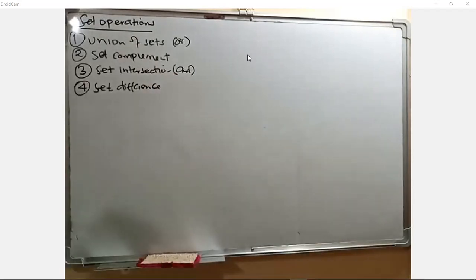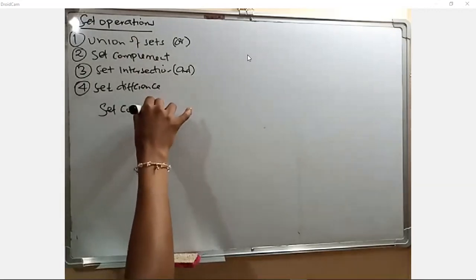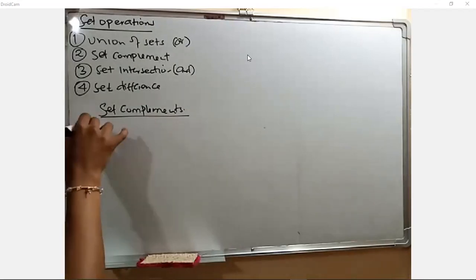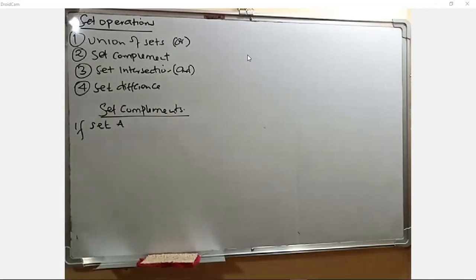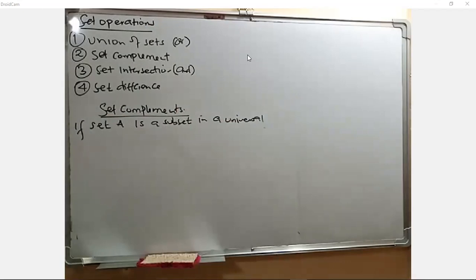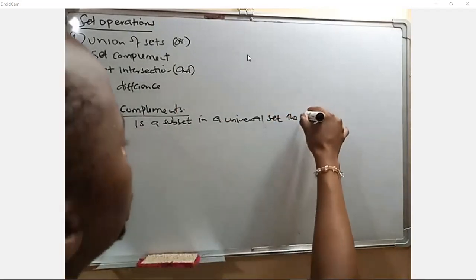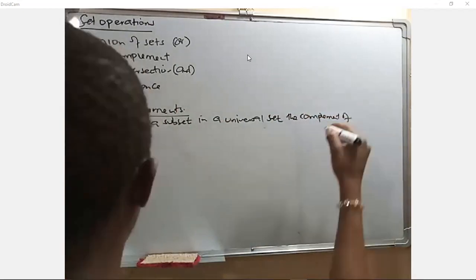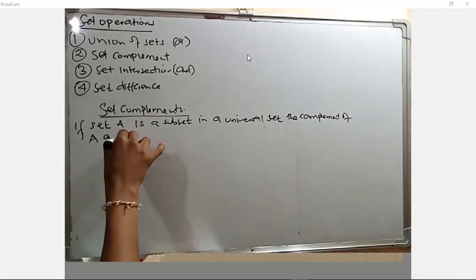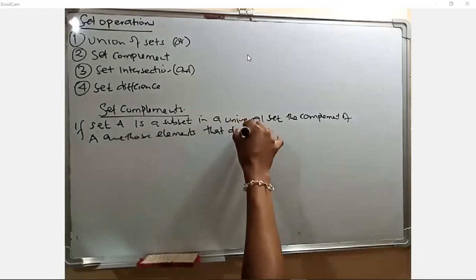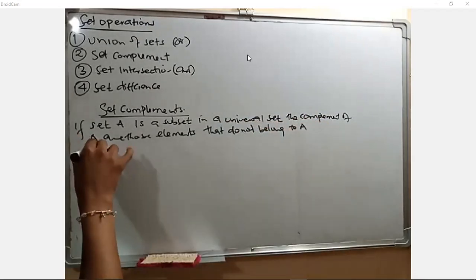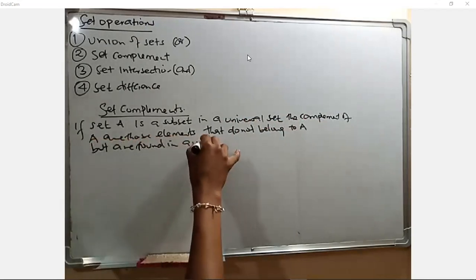When you look at the set complement, we say if set A is a subset in a universal set, then the complement of A are those elements that do not belong to A but are found in the universal set.